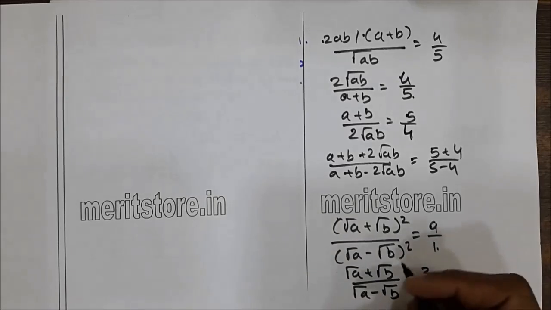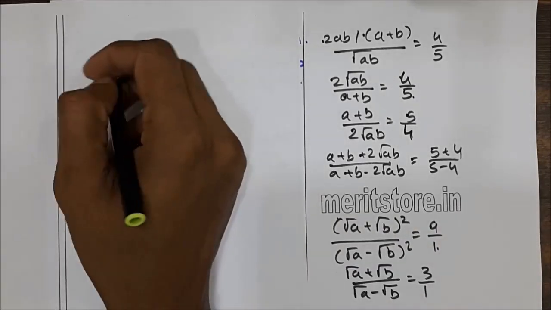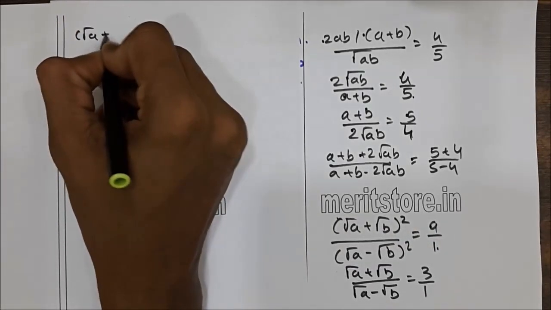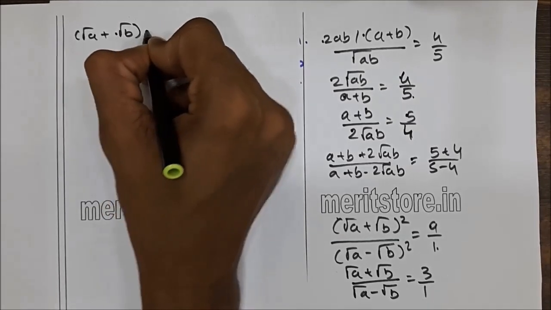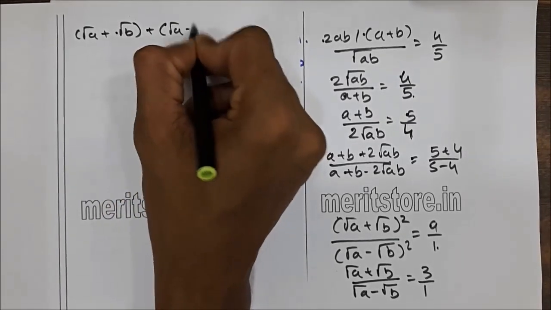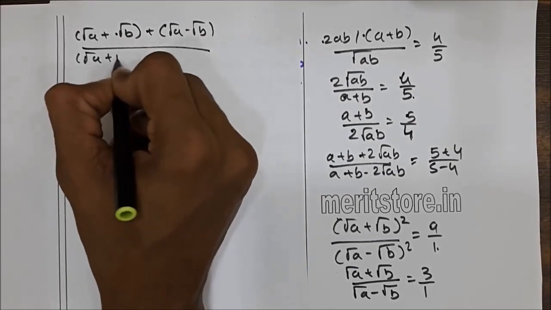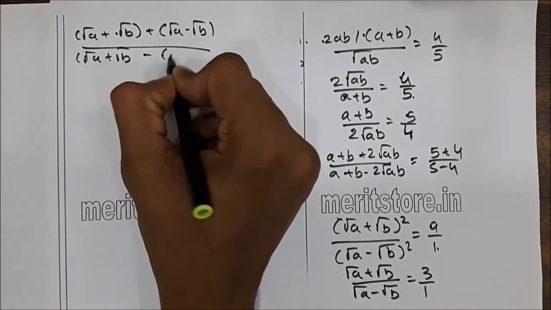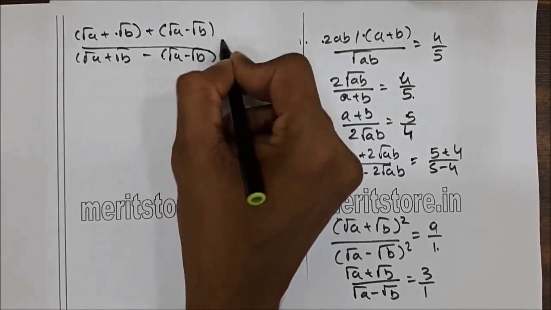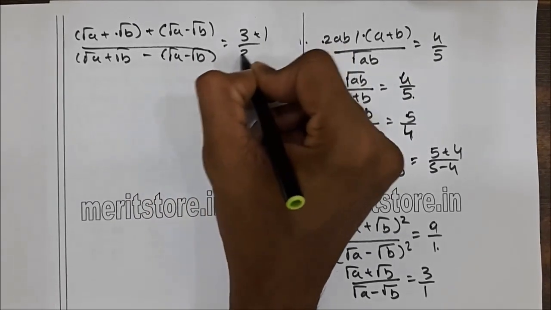Further we solve, we do rationalisation with the conjugate of the denominator, equal to (3 plus 1) upon (3 minus 1).